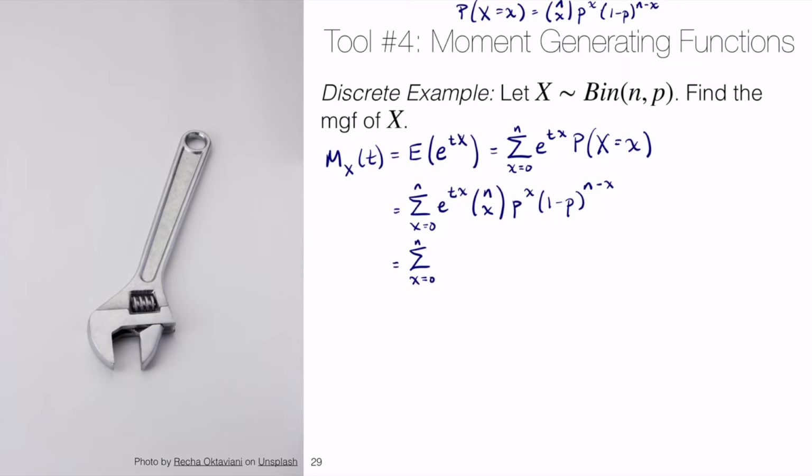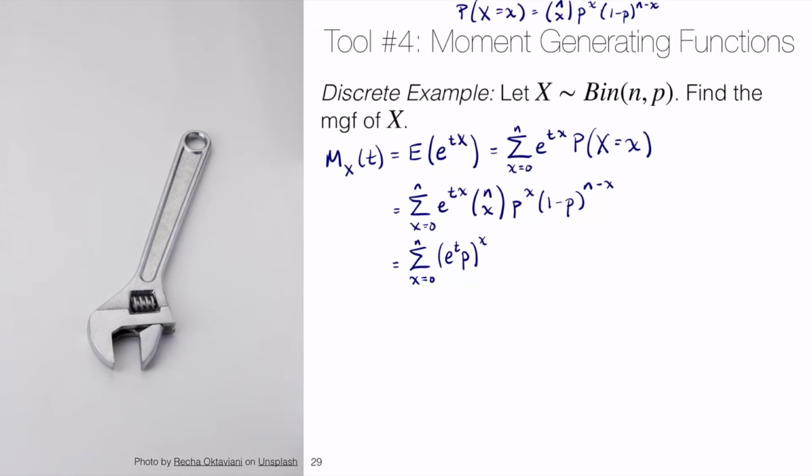All right, this looks kind of ugly, but there are some simplifications that we can make. So the first thing that we'll do is combine these two terms. They don't look like they're easily combinable now, but if we think about the first term as e to the t all raised to the x, then we can combine it with this term, which is raised to the x, and combined it would be e to the t times p all raised to the x.